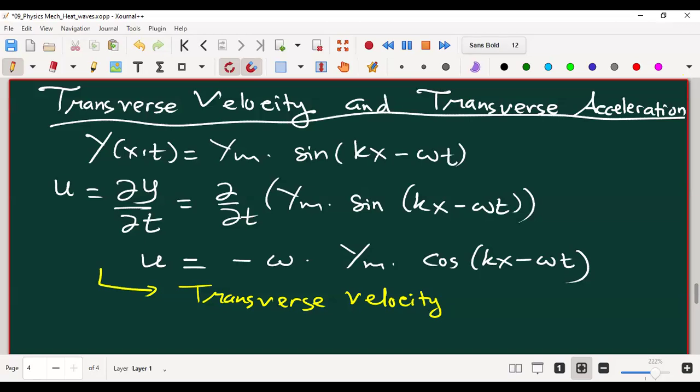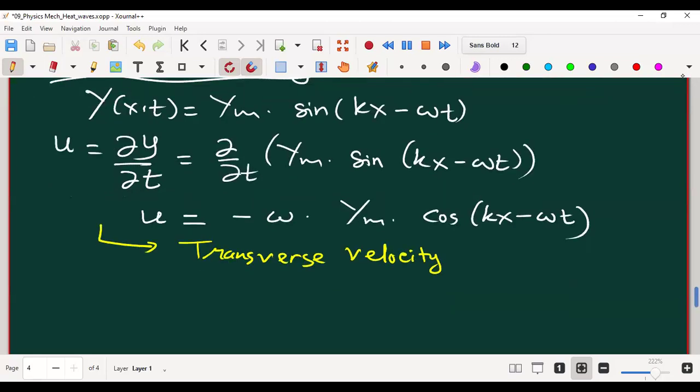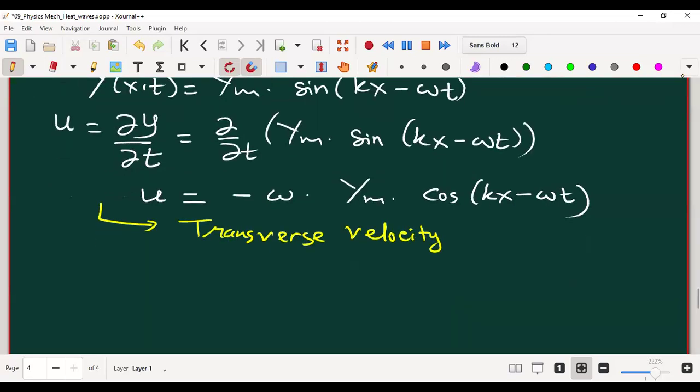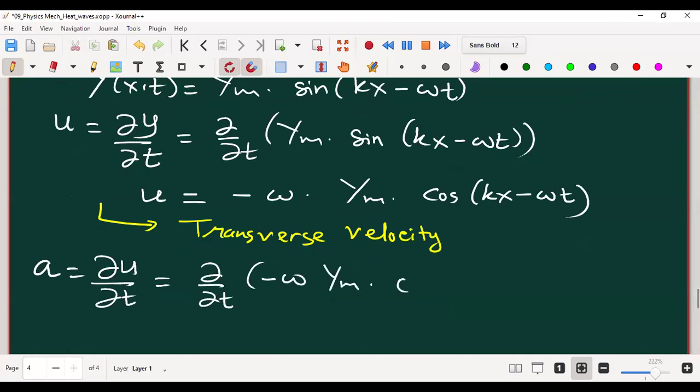And then for the acceleration, we can take one more derivative. So a is ∂u/∂t. We differentiate this one, −omega ym cos(kx − omega t).